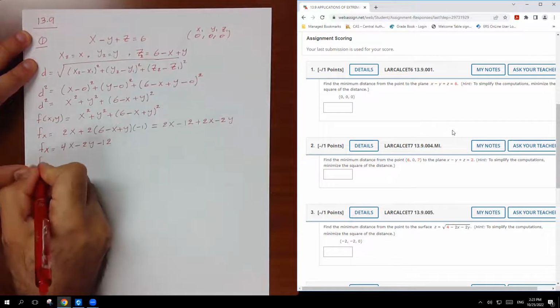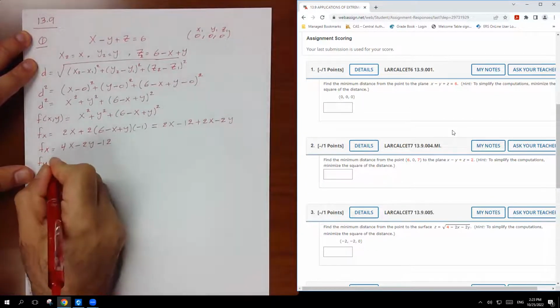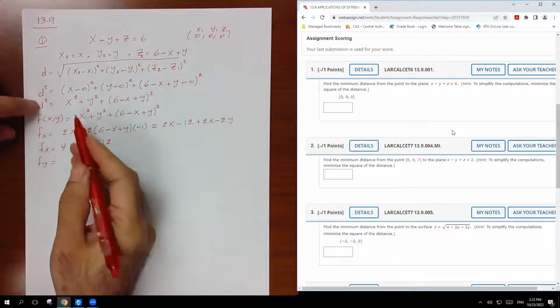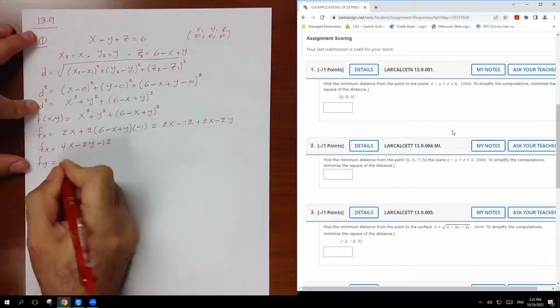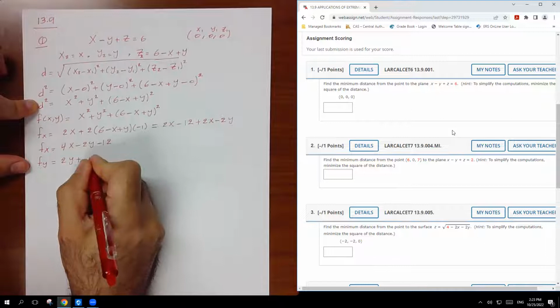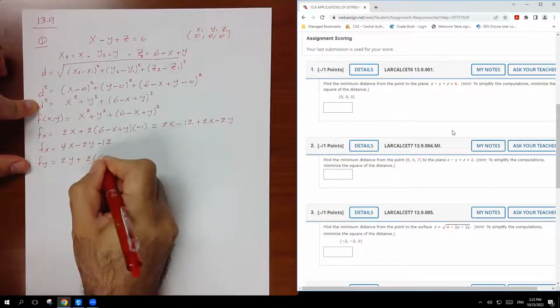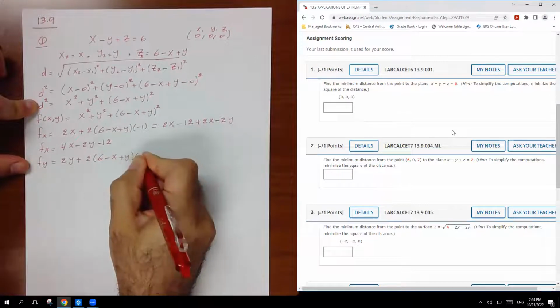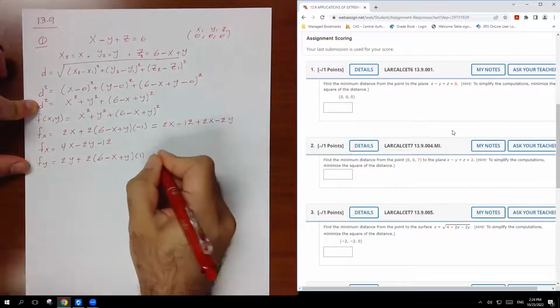Now we need to find f sub y. It is going to be 2y plus 2 times (6 minus x plus y) times the derivative of the inside with respect to y, which equals 1.